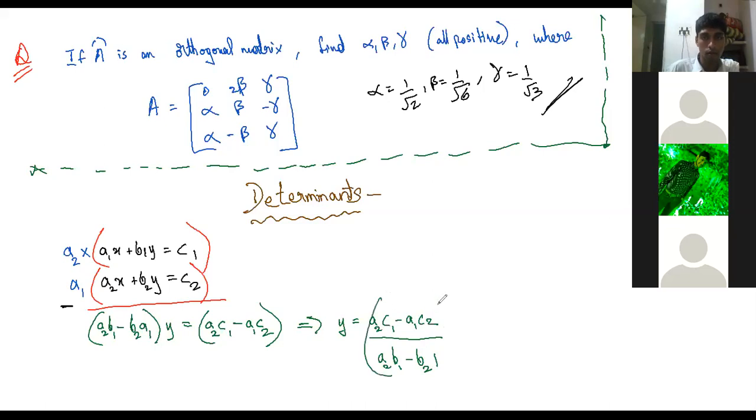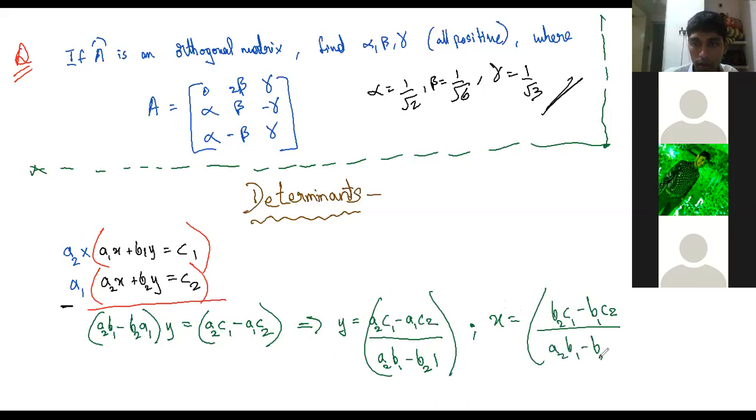Yeah. Similarly, you'll get x also with more or less the same denominator. Can you tell me what is the value of x? I think you'll get something like b2 c1 minus b1 c2 over a2 b1 minus b2 a1.